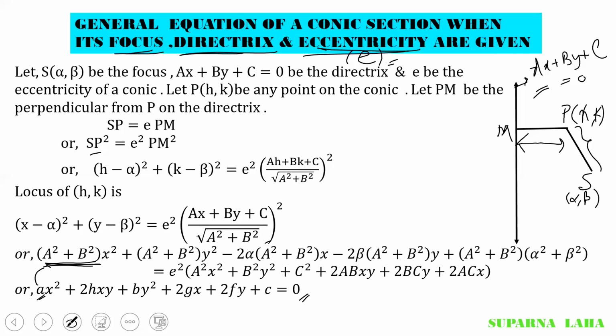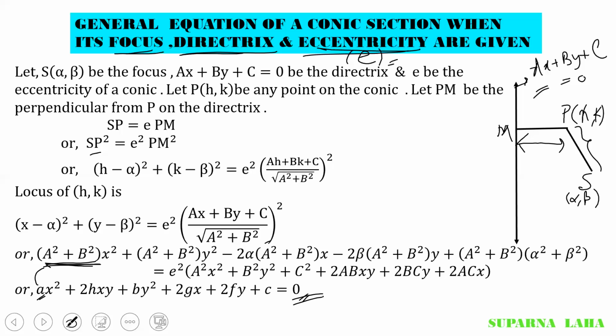Okay, if we put restrictions here, we will find particular conic sections like the circle, parabola, ellipse, and hyperbola. When we discuss each part, we will discuss the general equation individually. But the general second degree equation for the conic section is represented by this equation.